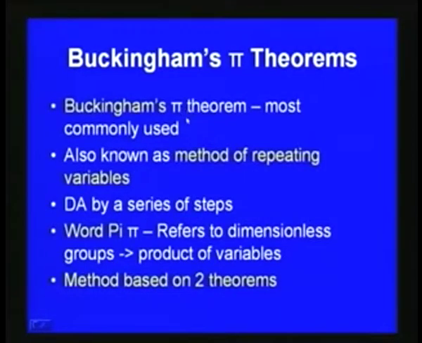When we discuss many problems in fluid mechanics, there can be variables that repeat. This aspect of repeating variables is taken care of in the Buckingham pi theorem method. That is why this method is sometimes called the method of repeating variables.